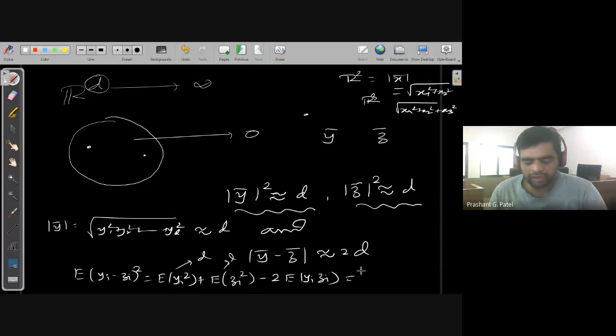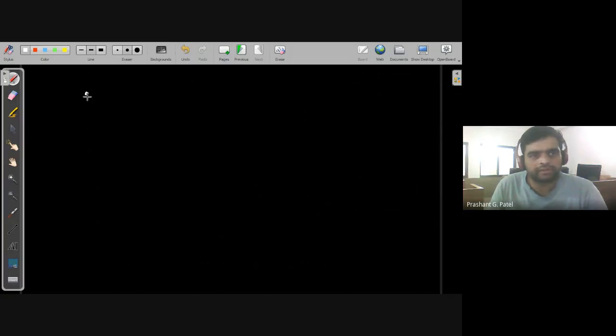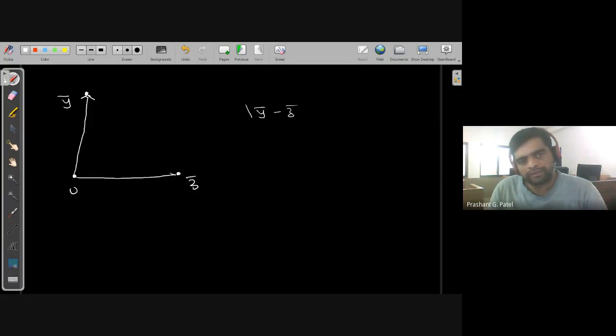So by Pythagoras theorem, what I'm talking about here is this y bar, here it is 0, this will be z bar. So what is y bar minus z bar? It is this vector. In 3 dimensions, this is my y bar vector, and this will be my z bar vector.